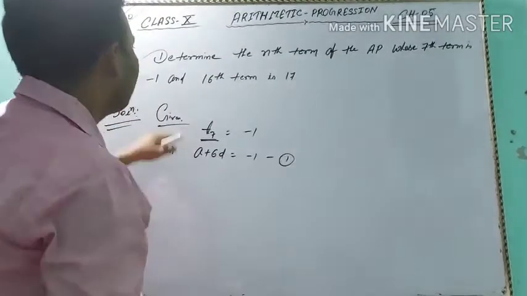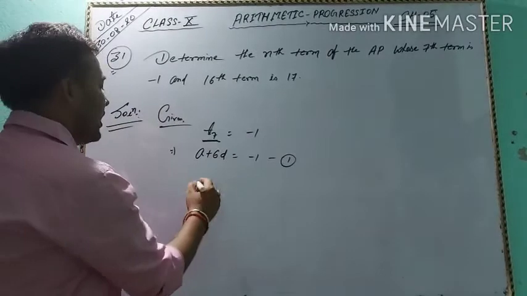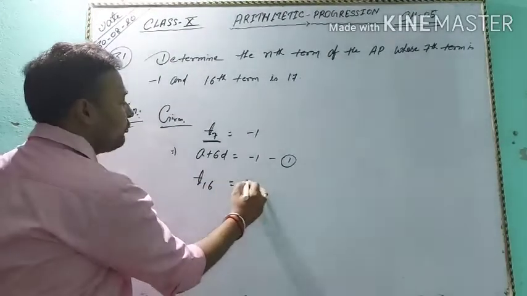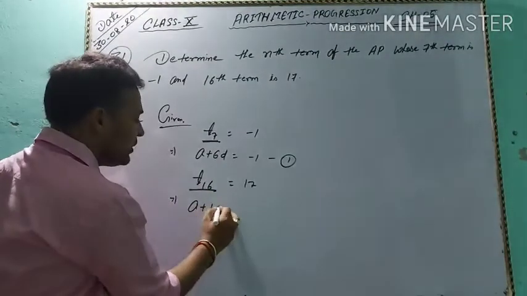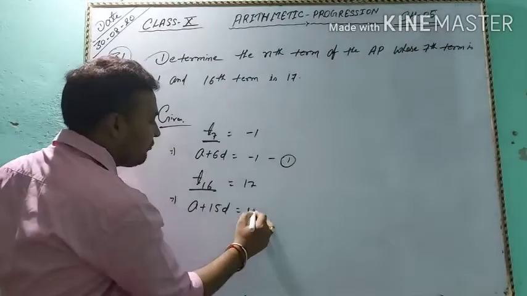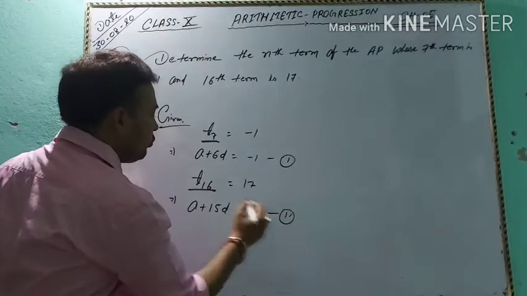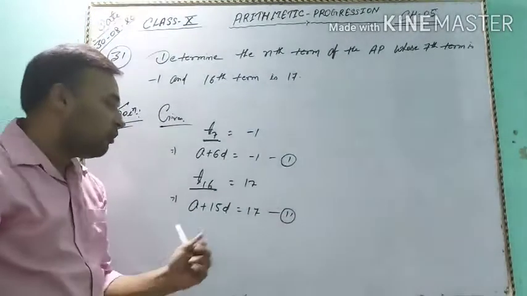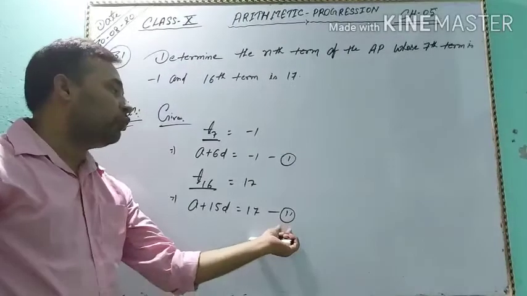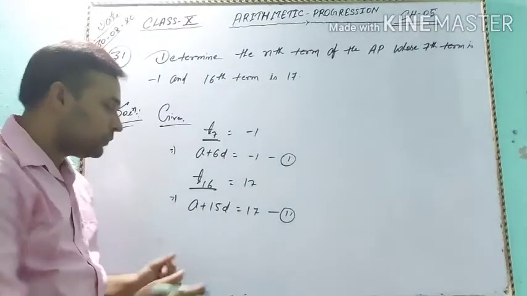And the 16th term is 17, T16 equal to 17. That is T16 को हम लोग क्या लिखेंगे, a plus 15d equal to 17. This is equation 2.